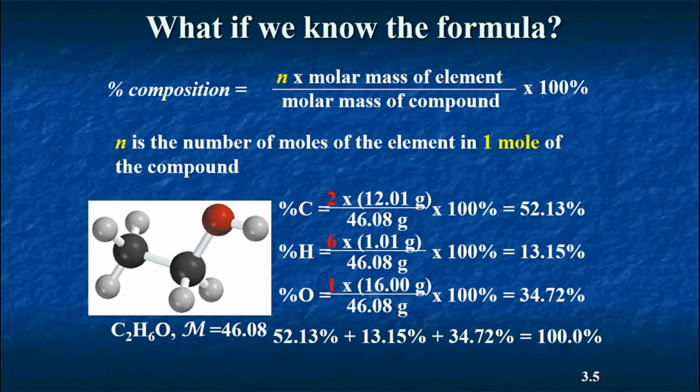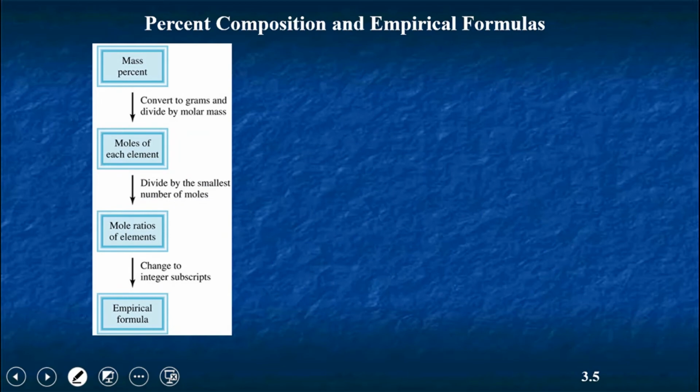Okay, so now we're ready to put these things into place and find what is the formula of an unknown compound. This flow chart gives you a sense of how we can go. If I have the mass percent, in other words, the composition of the compound, remember that percent technically means parts per 100. So what I can do is I can convert the mass percent into grams and divide by the molar mass to find the moles of each element.